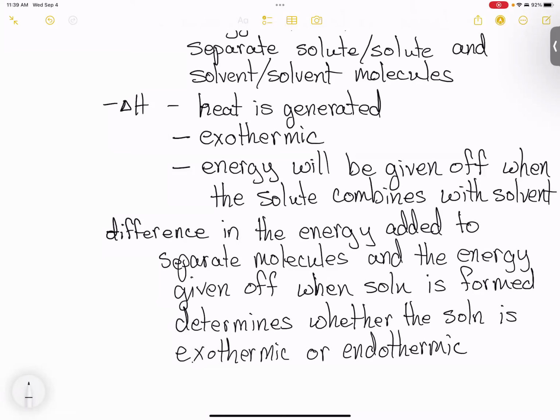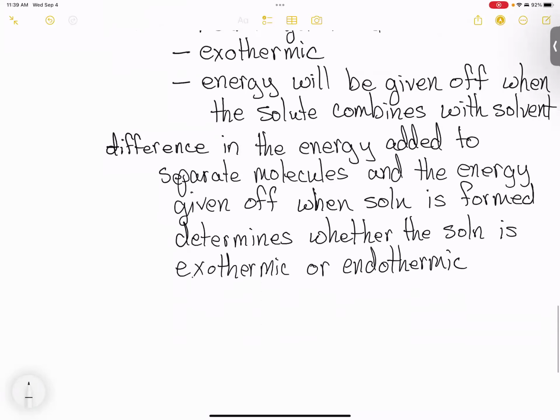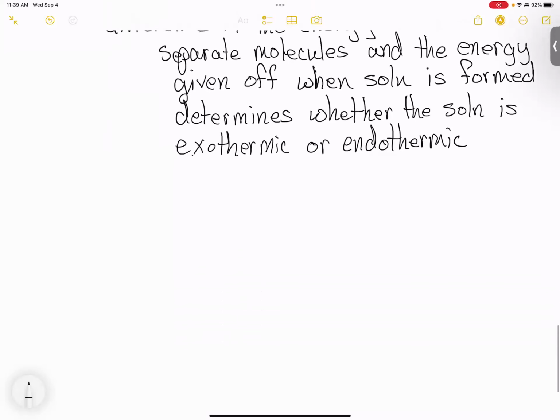So let's just look at this in a diagram. It takes energy to be added, so a positive delta H, to separate the solvent molecules.